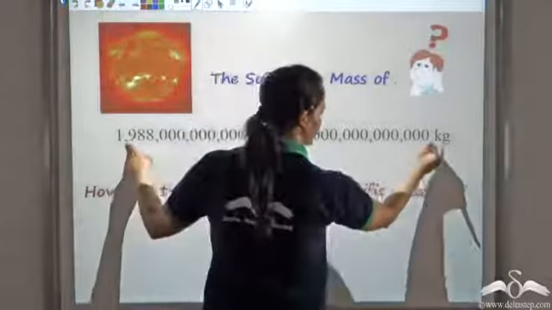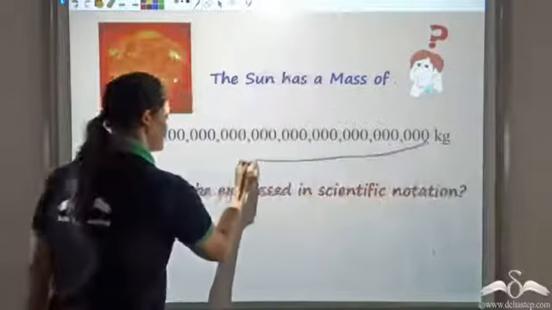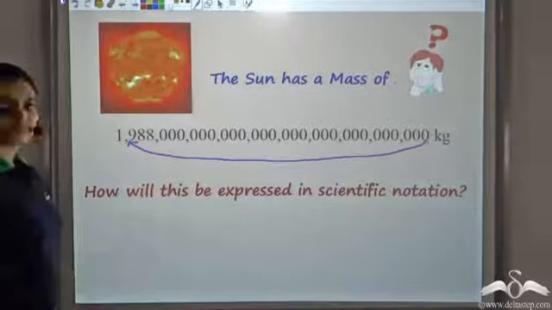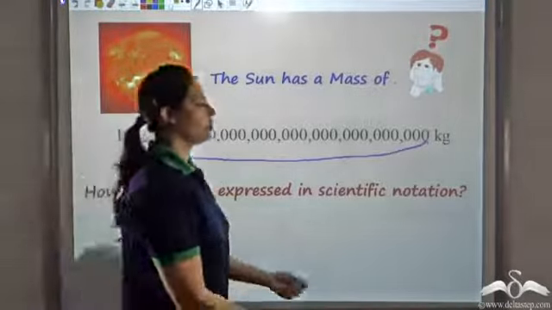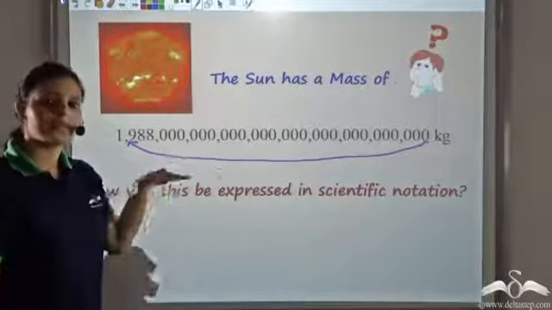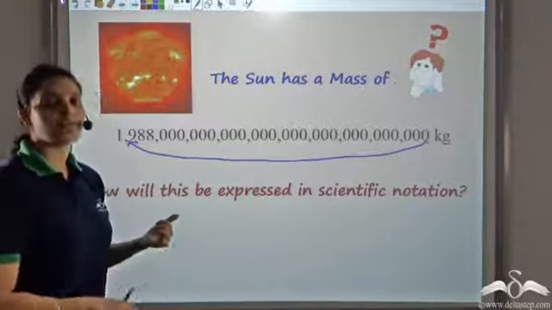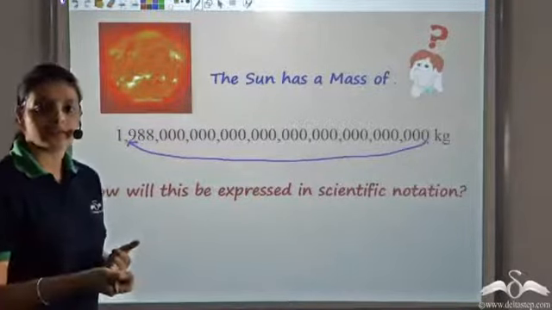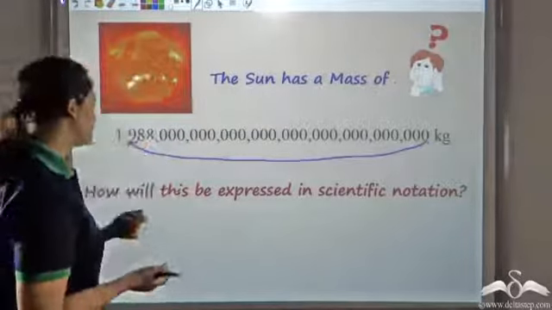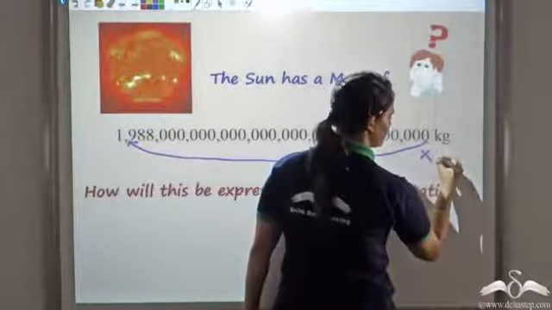So from here, which is 0.0, this number, I need to move the decimal here. So what I'm doing is I'm shifting the decimal towards the left. That is, I'm decreasing the value of this number. To compensate for the decrease, I'll have to increase the power of 10. That is, the exponent of 10 has to be increased. So this number can be written as this times 10 to the power 0.